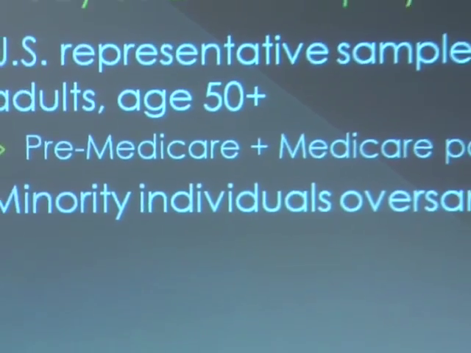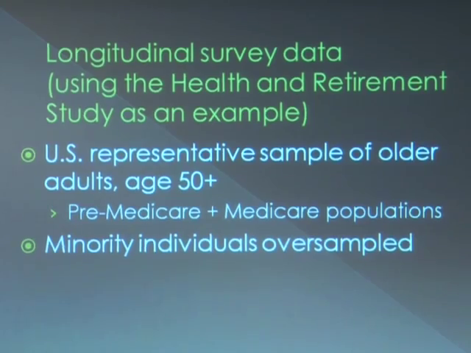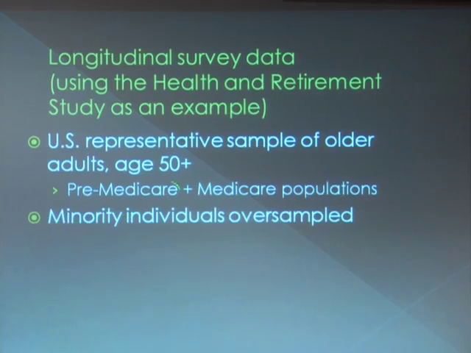All right, longitudinal survey data, and I'm going to focus here on the Health and Retirement Study. It's a US representative sample of older adults age 50 or older. So what's interesting here is that you're going to have the pre-Medicare population as well as the Medicare eligible age group. And this is important because, for example, I have some colleagues in the Department of Sociology who've been looking at what they call a cumulative risk index, whereby they look at what kind of risk factors people enter the Medicare program with.